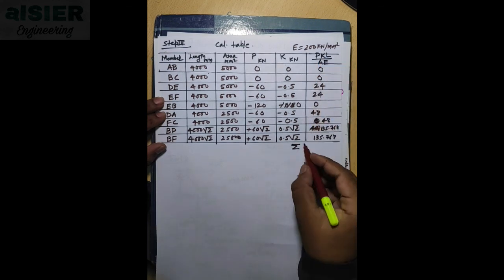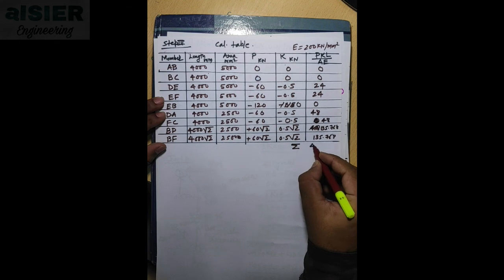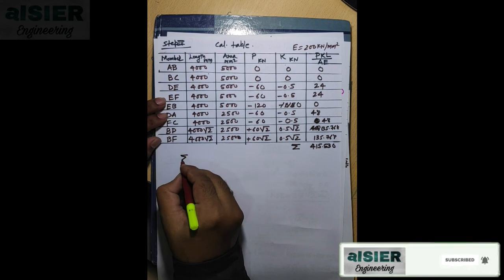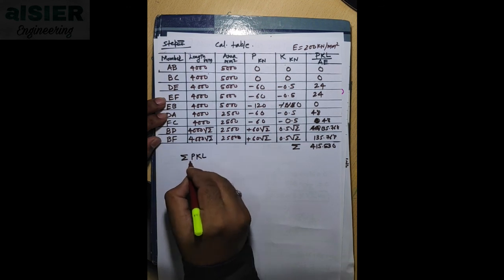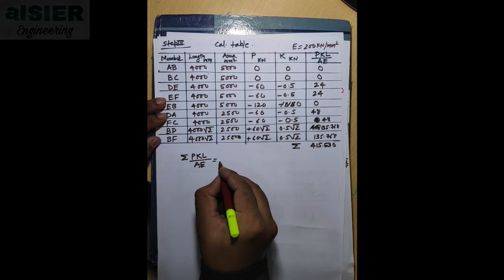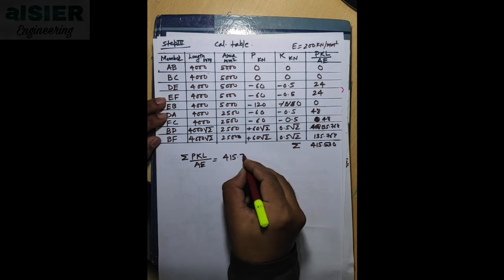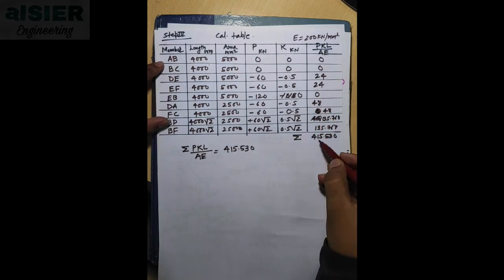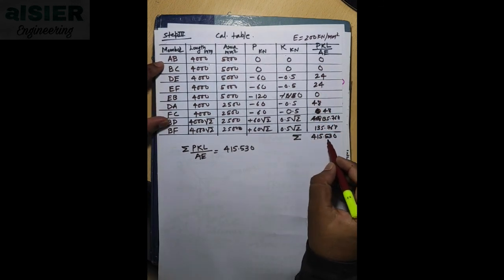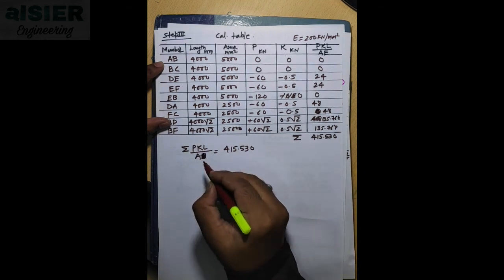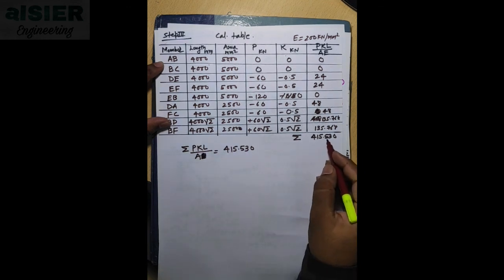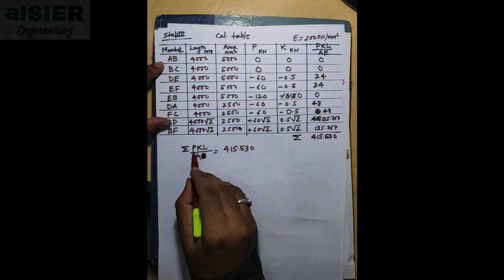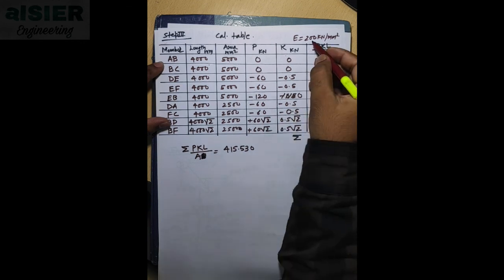So the summation of these we get as 415.530. I will write here summation of PKL upon A is equal to 415.530. This summation does not include E because we have only considered PKL upon A, and the value of E is 200.